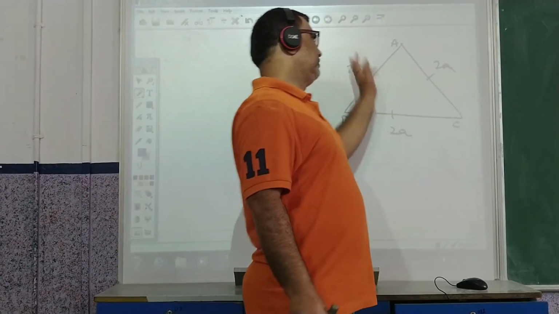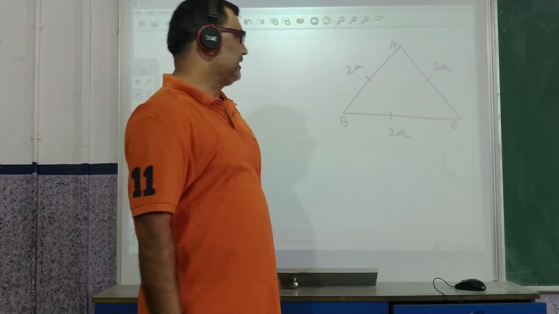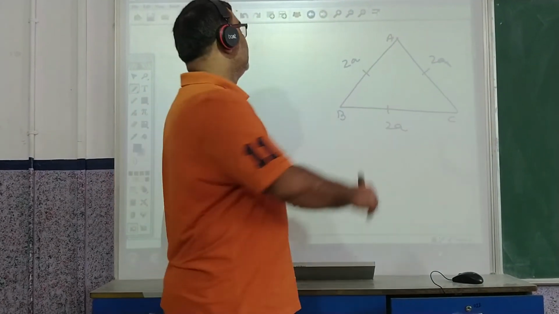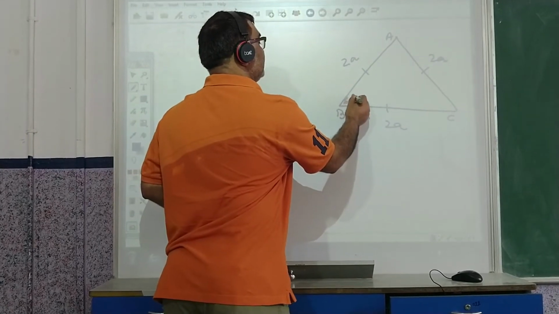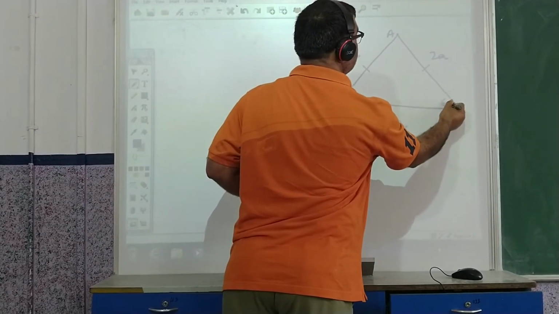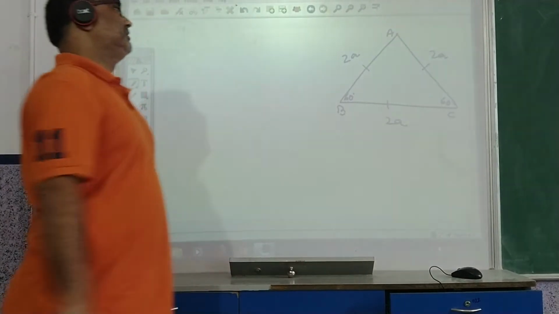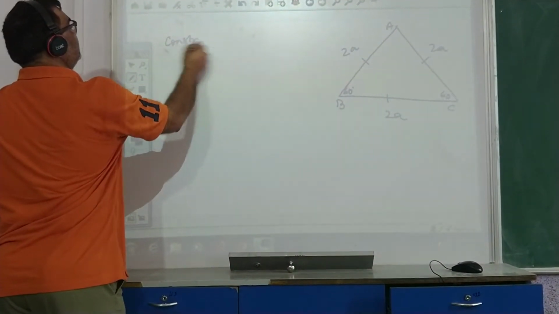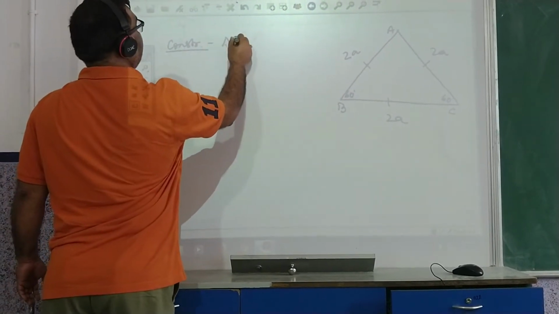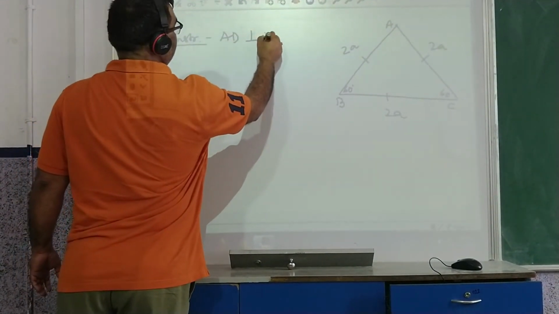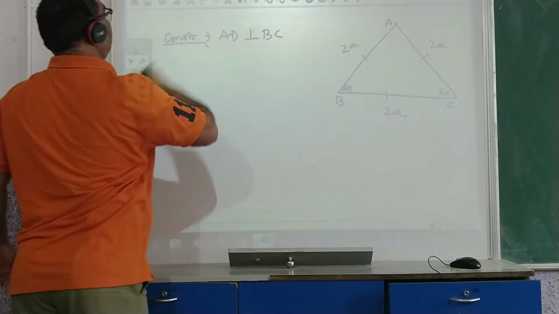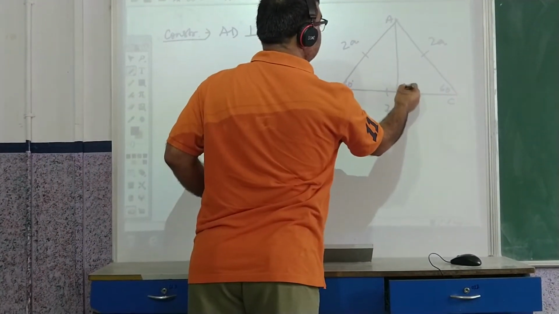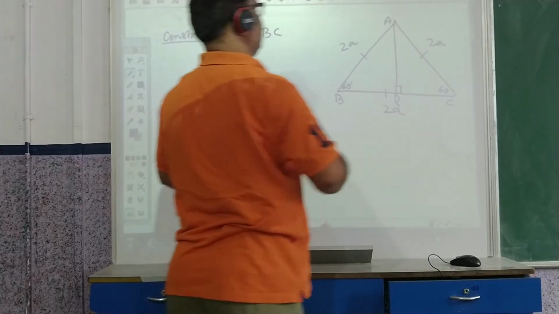Since ABC is an equilateral triangle, all the 3 sides are equal and all the angles are equal, 60. So this one 60, this one 60, 60. Now one construction. Draw AD perpendicular to BC.